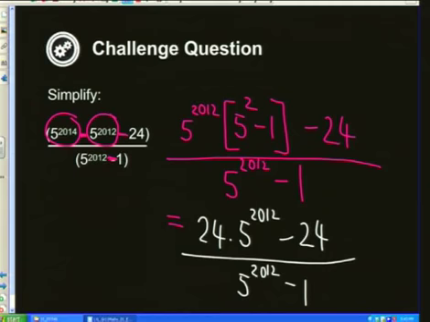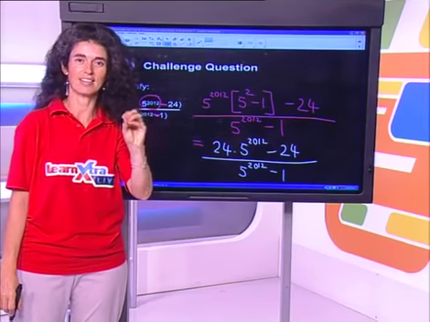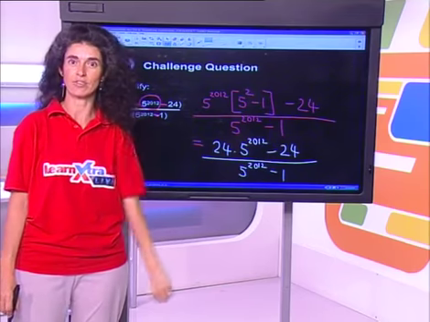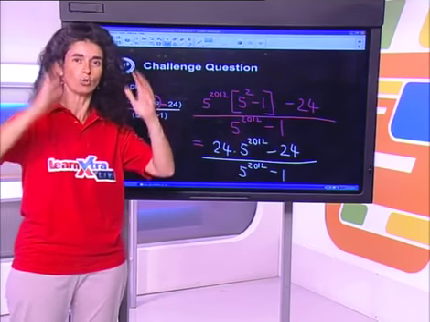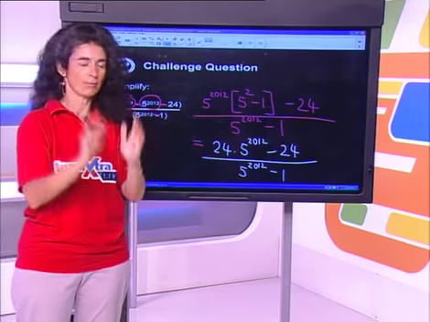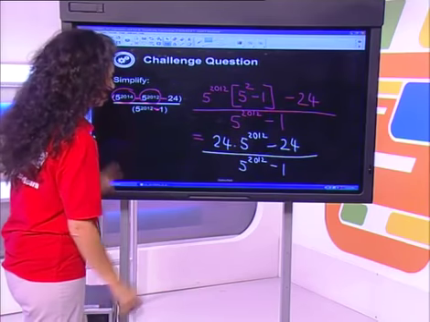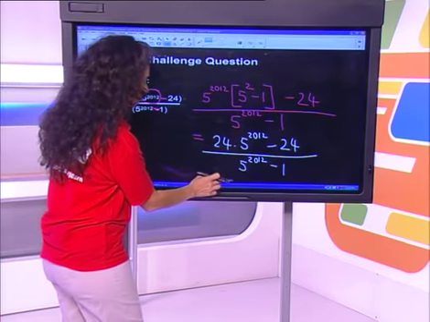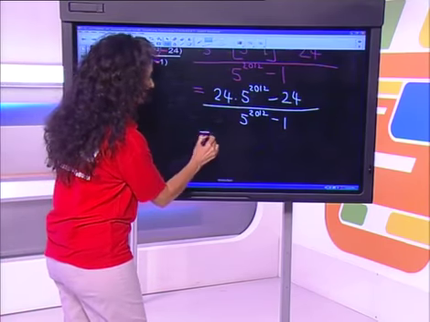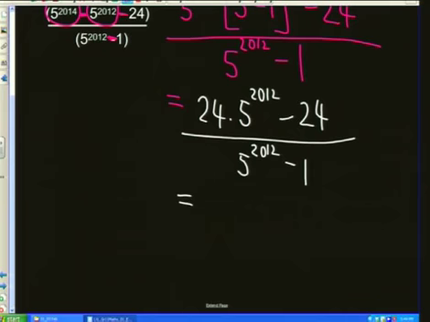Right, Mindsetters, I'm still sitting with negative signs, so I can still factorize. As long as I haven't got one factor out, I am going to be factorizing until I get it. So I've now got a common factor of what? Is this 24? So I'm going to take out 24.